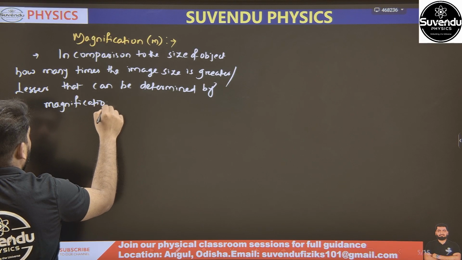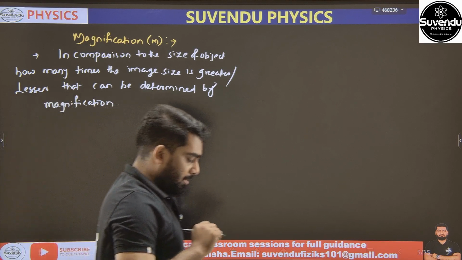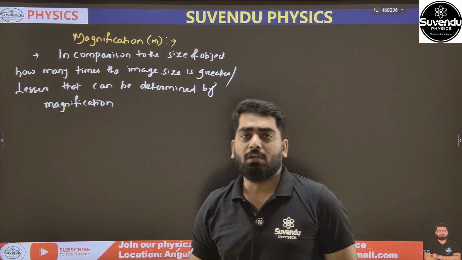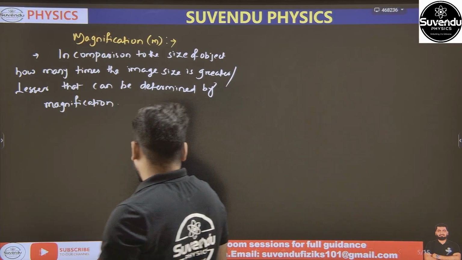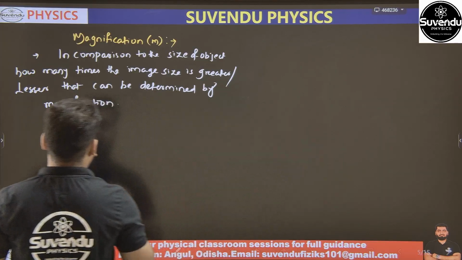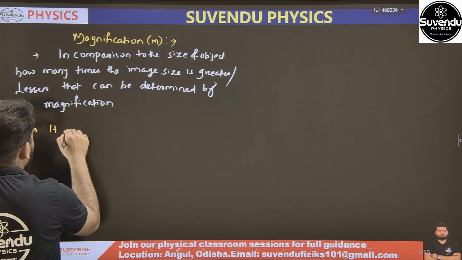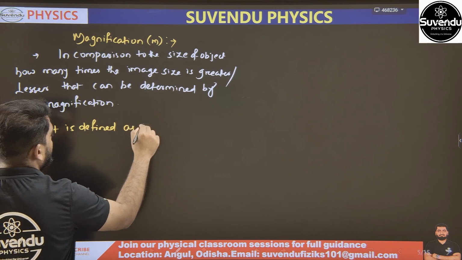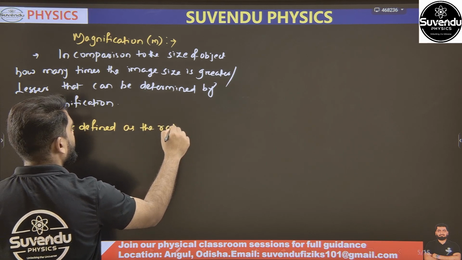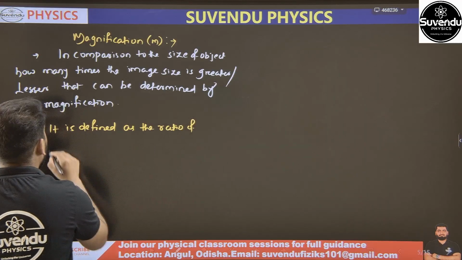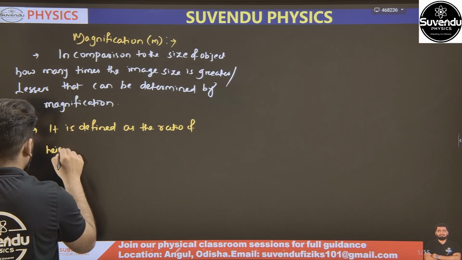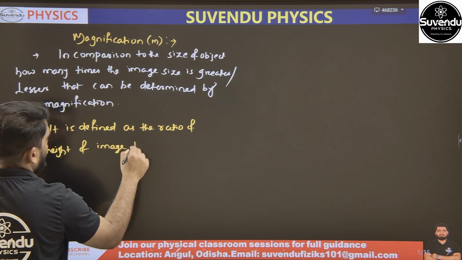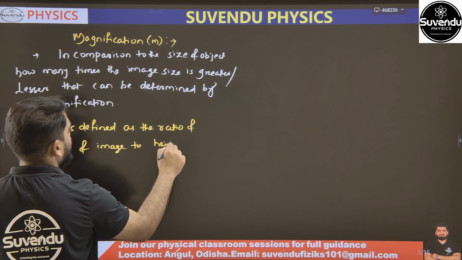What is the working formula of magnification? Simply, magnification m is equal to height of image divided by height of object. It is defined as the ratio of height or size of image to height of object.